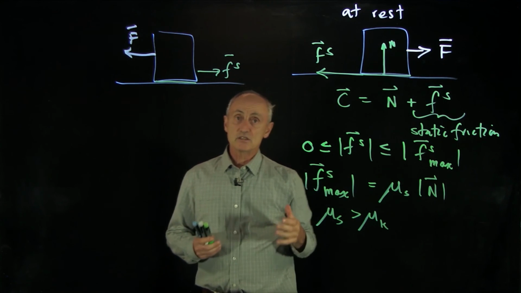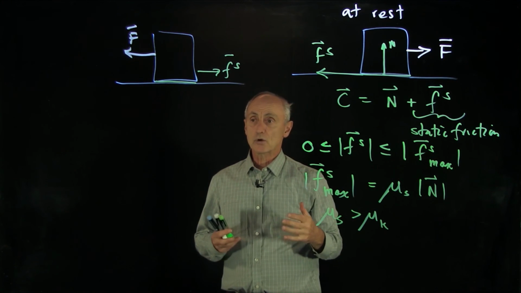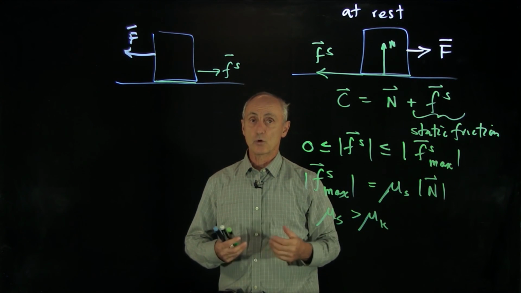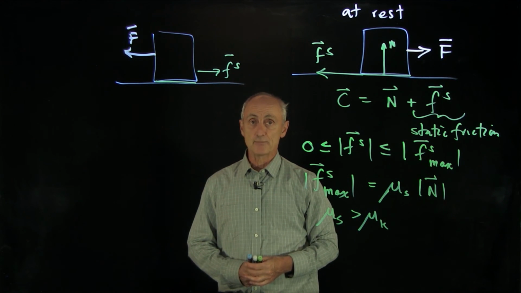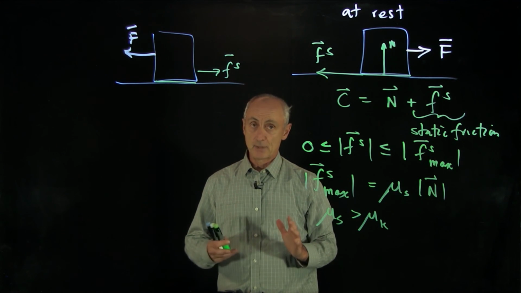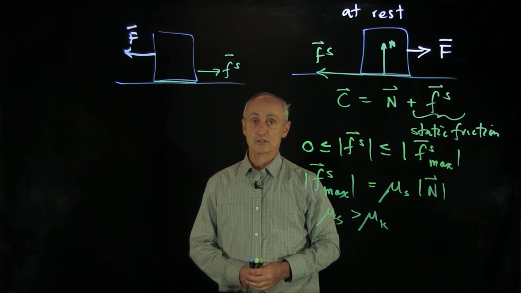But there may be many systems in which we're actually not quite sure which way static friction points. And as the course develops and we look at more complicated examples, we'll see that the direction of static friction can depend on all the other constraints on the system.